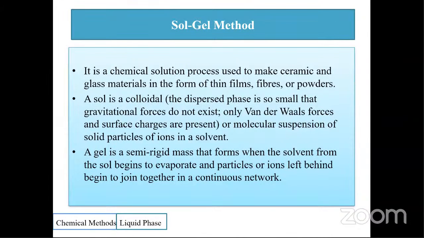Sol is basically colloidal, where the dispersed phase is so small that gravitational forces do not exist, only van der Waals forces and surface charges are present. In other words, you can say it is a molecular suspension of solid particles or ions in a solvent, known as a sol.